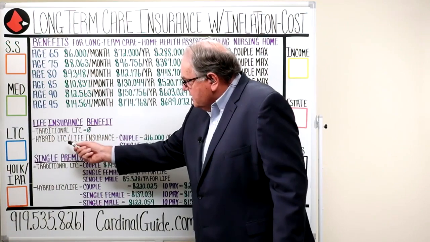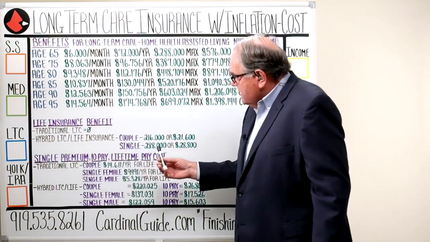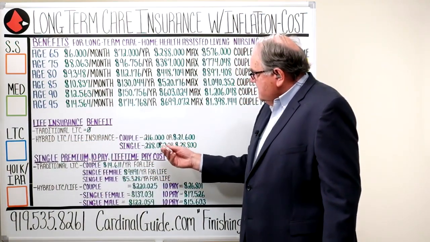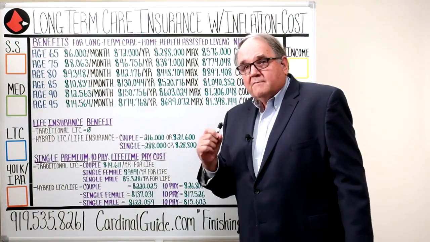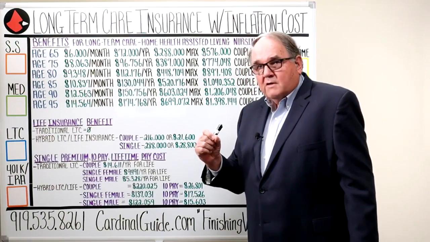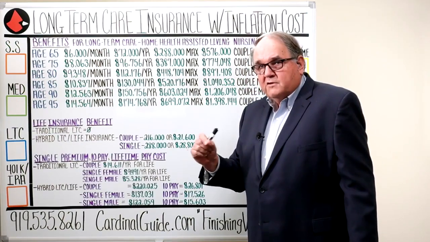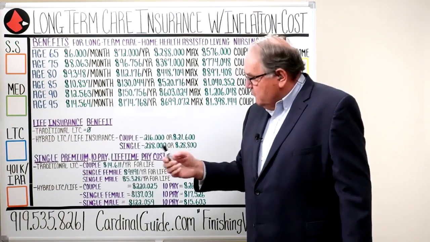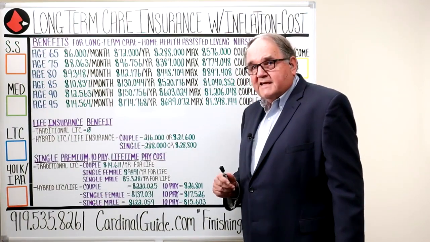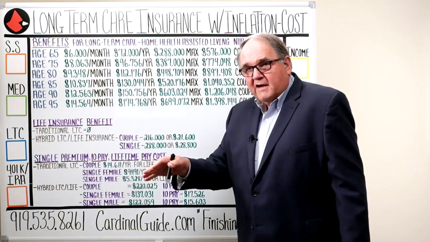On the hybrid long-term care life insurance, for the couple, there's a $216,000 death benefit. So if both of them don't use it, or they use it a little bit, then the little bit will be deducted from the $216,000 and the rest paid to their heirs.